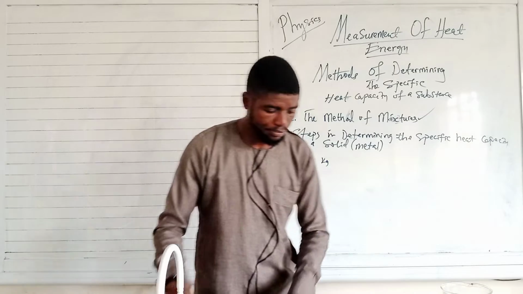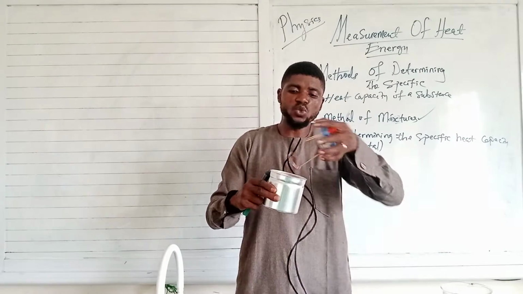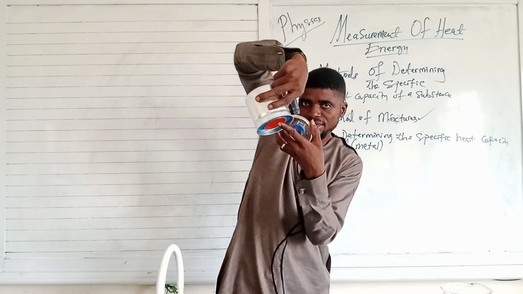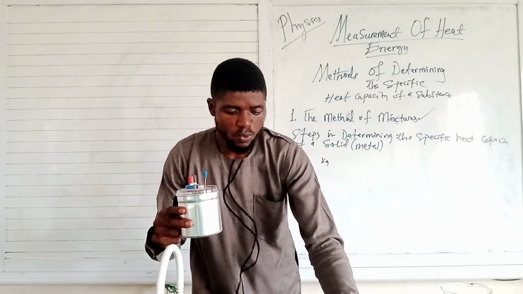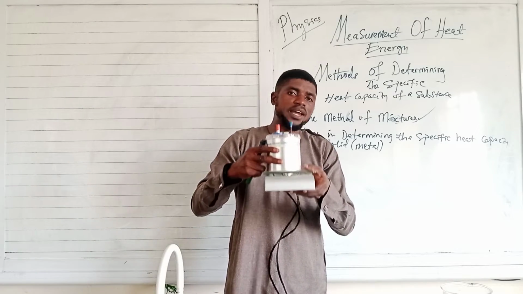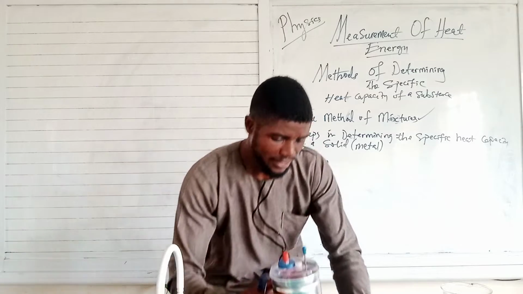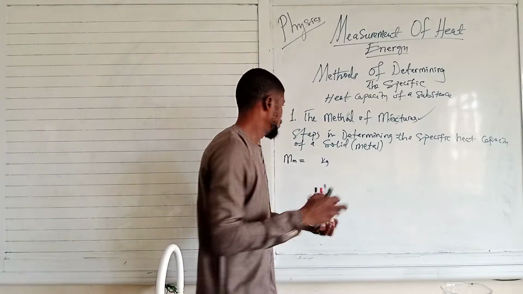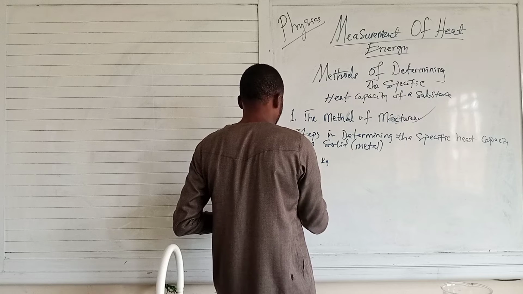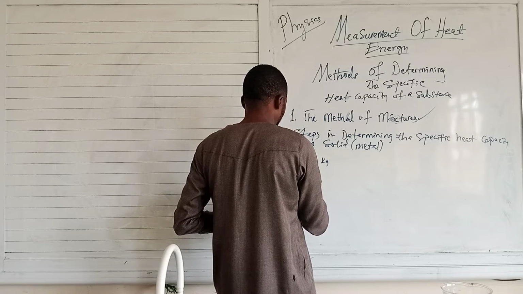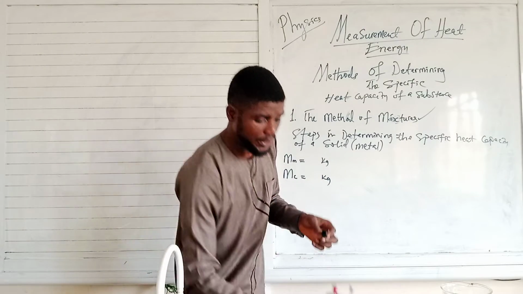Second step, the calorimeter without water content is weighed. We call it mass of empty calorimeter. So we write mass of calorimeter, also in kilogram, is weighed.